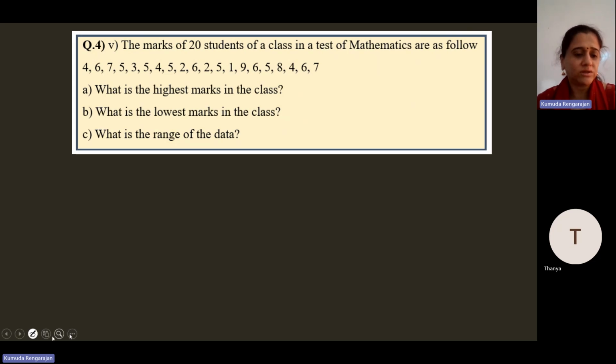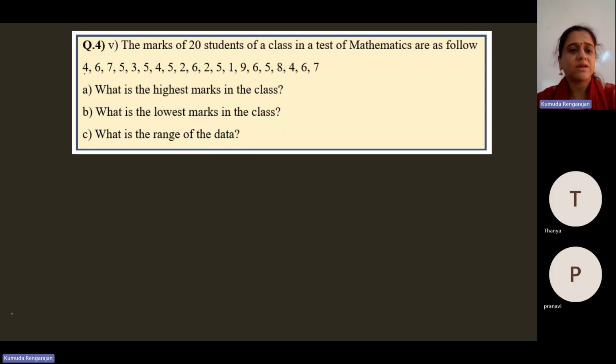So one student has scored 4 marks, another student 6 marks. So like this, you have 20 numbers here showing the marks obtained by 20 students. Out of how much is not given, and we don't need that information to answer these questions. So what are the highest marks, lowest marks, and the range of the data?